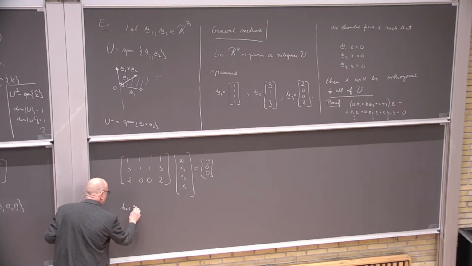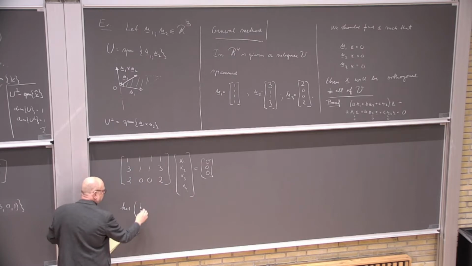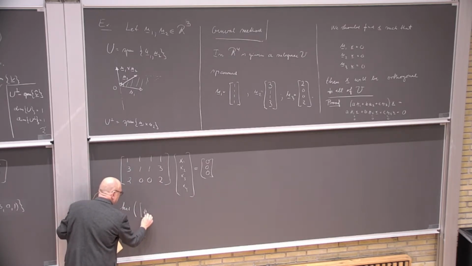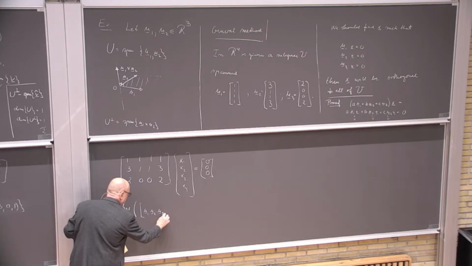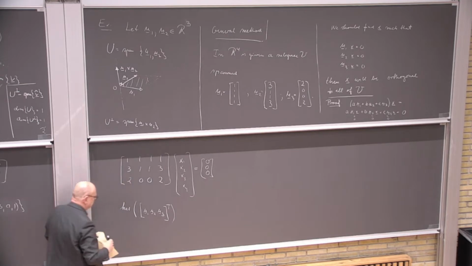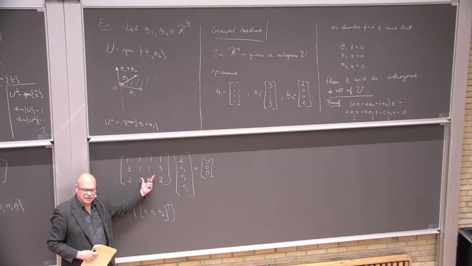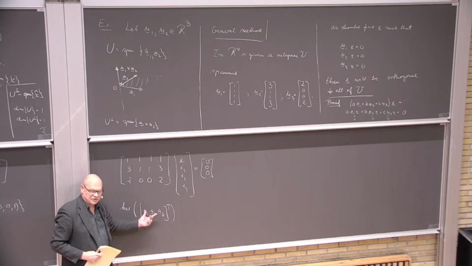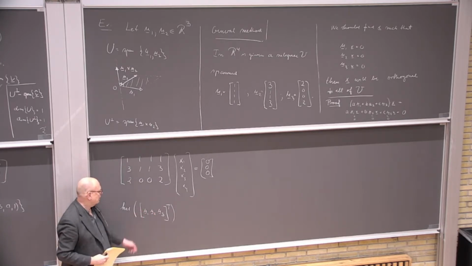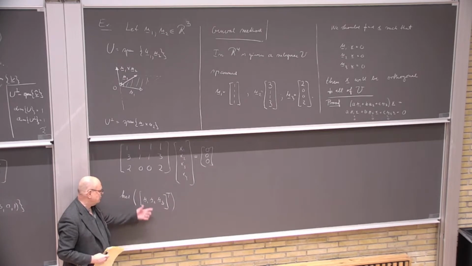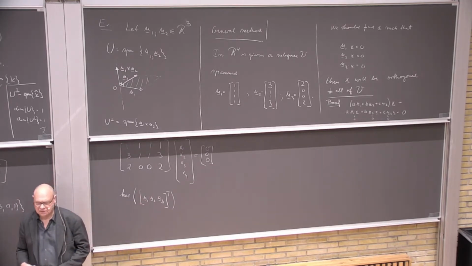So it's the kernel of the three vectors u1, u2, and u3, but you have to transpose them. In order to write down this system of equations, you transposed the vectors. So we simply have to find this.